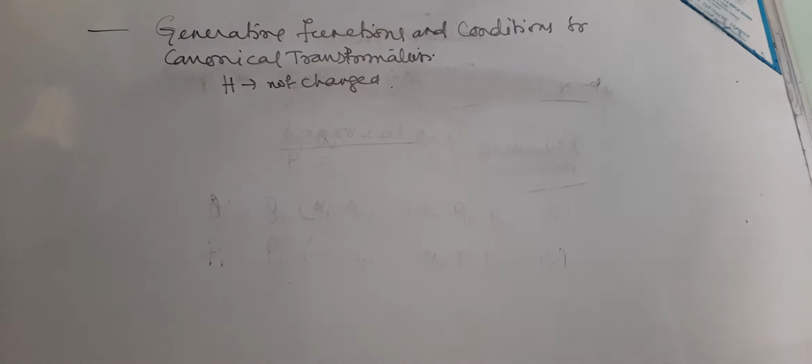If the Hamiltonian is not changed, the Lagrangian also will not change. So we can write delta integral of L dt equal to 0 and delta integral of L prime dt equal to 0, from t1 to t2.